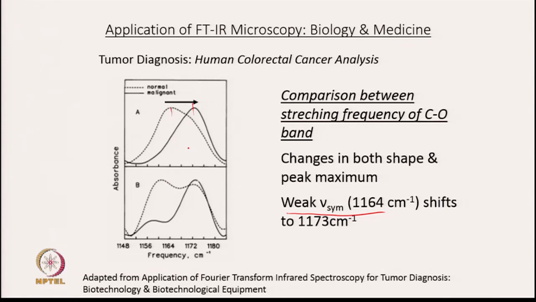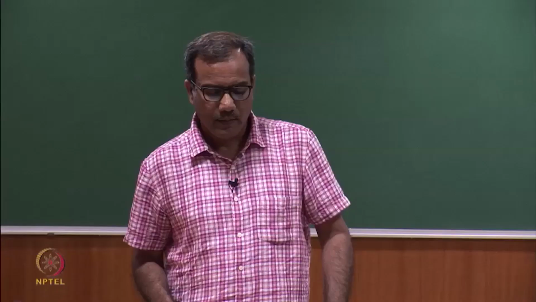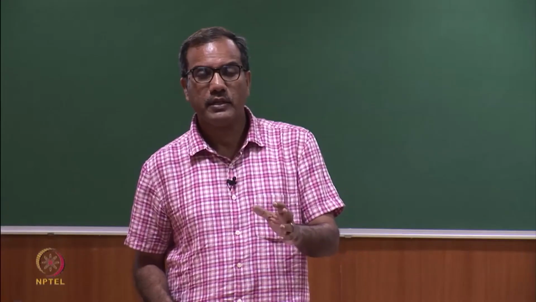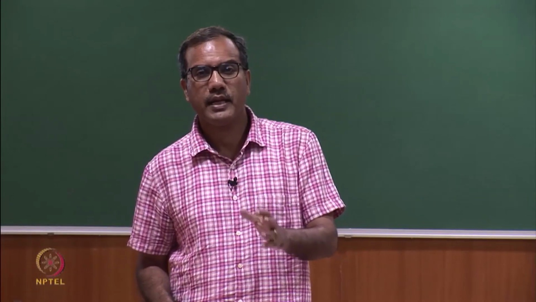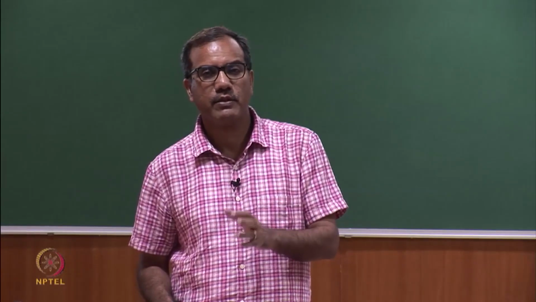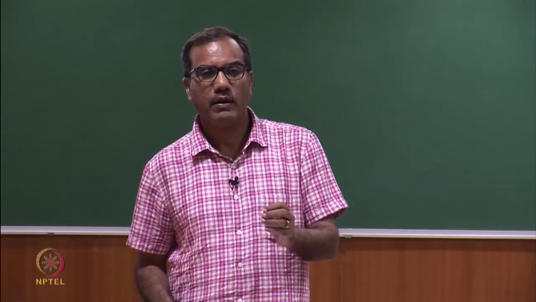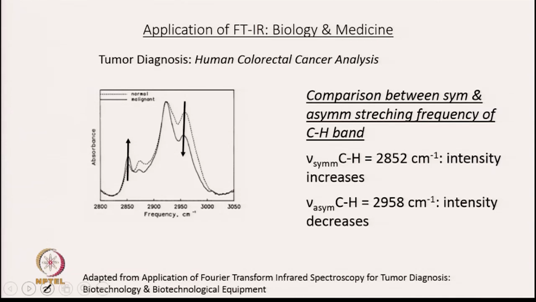So, just by looking at the FTIR spectrum, you can diagnose whether a person is prone to colorectal cancer or not. You can also compare the symmetric and asymmetric stretching frequency of the CH band of a normal person and malignant tissue. So, tissue from a normal person and tissue from a malignant person.